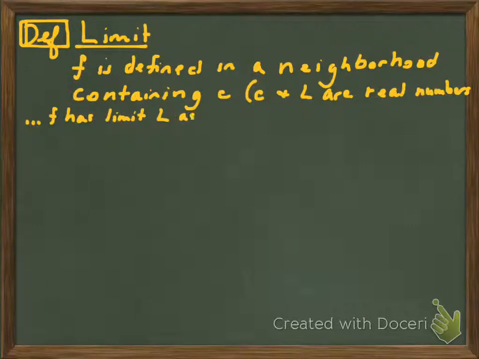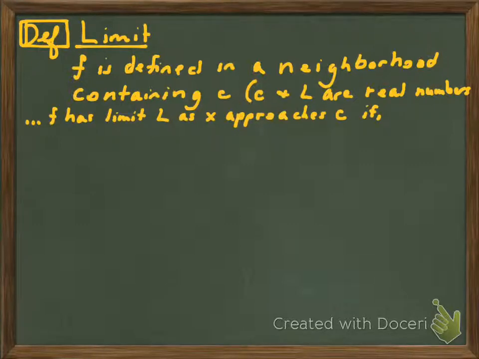As x approaches C, if, and I'm going to read what the words say, and then I'm going to write the symbolic notation and let you just say, okay, that's that part she was talking about.